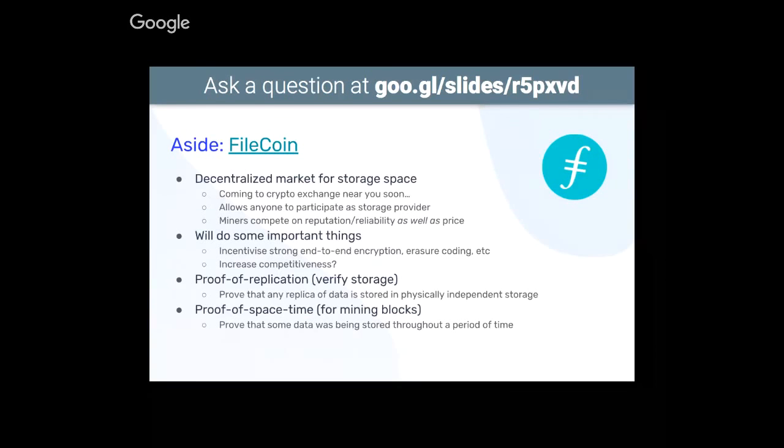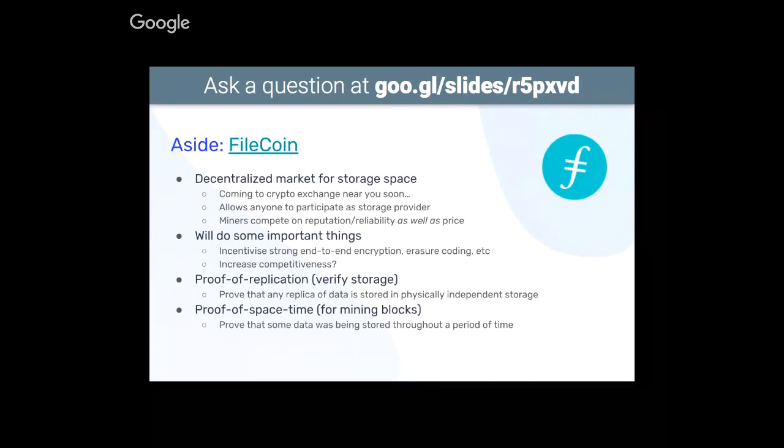The other thing that it's proposed to do is allow miners to compete on things other than just cost or proof of work, like reputation, data availability, things like that. And I'll talk very briefly about that in a second. But once Filecoin is up and running, it's going to do a couple of important things for web-based storage.